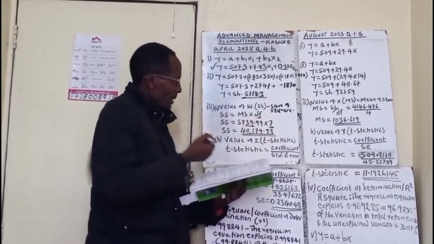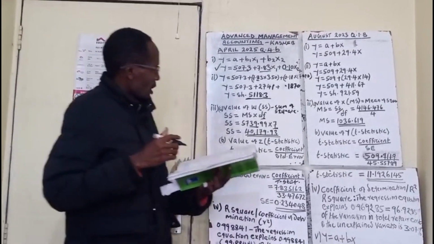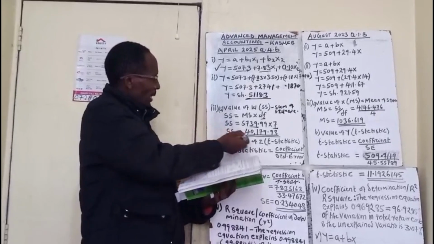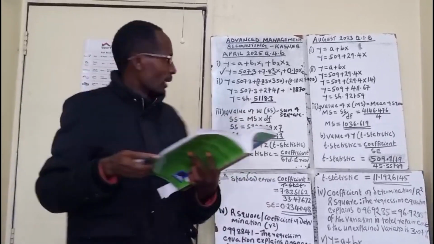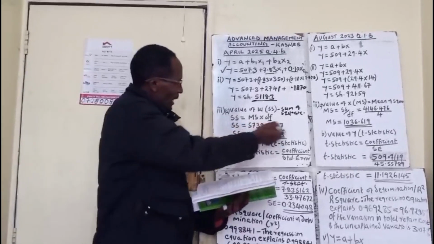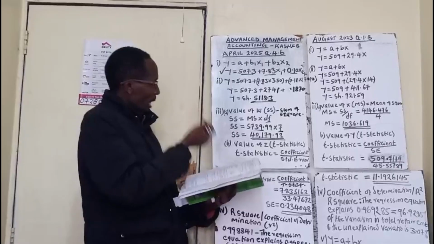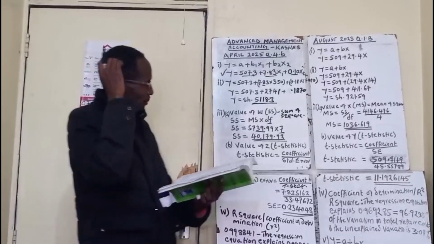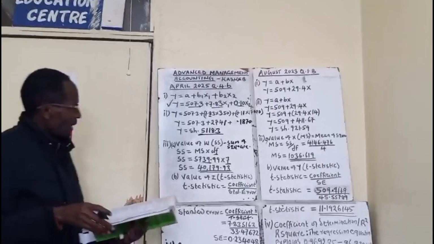So these ones are given. You can find them there in that particular table. So our sum of square is 4,179.93. So note what you have done here, how you have multiplied those numbers. So the value for W, or in other words, the sum of square at that level is 4,179.93.